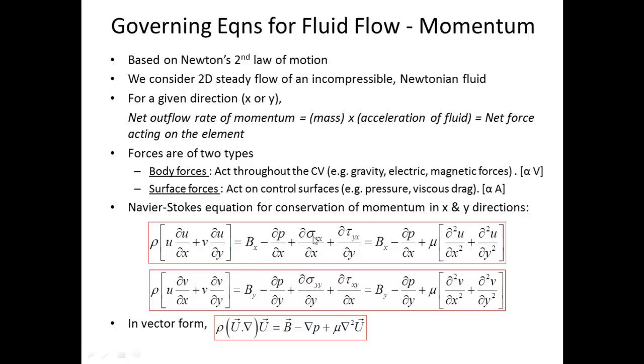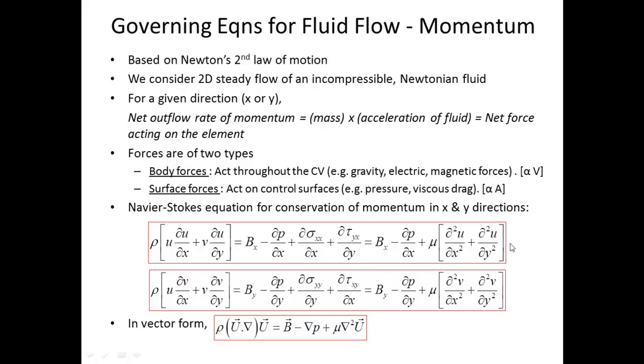Further, these viscous stress terms can be expressed in terms of the corresponding velocity gradients, in which case we get the final term involving the viscosity and the second derivative of velocity. So this form is what we call the Navier-Stokes equations.